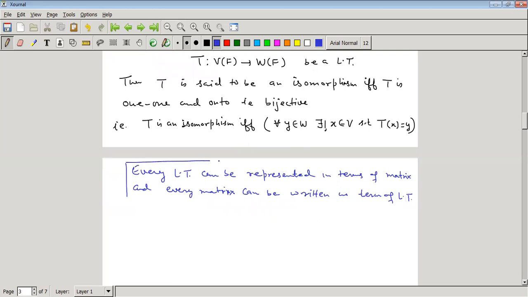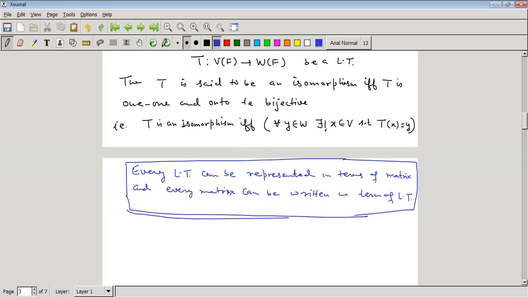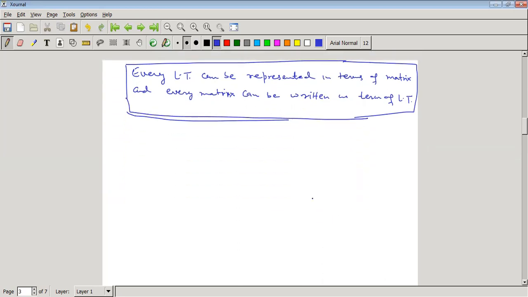So this is very important. If every transformation can be written in terms of a matrix, it means it satisfies the properties of matrices. So if we have a matrix A, a matrix with entries 1, 2, 3, 4, then a matrix is said to be a singular matrix if its determinant is 0.